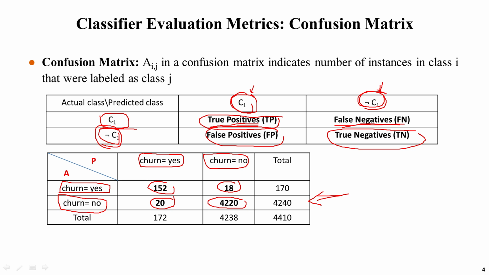The total row shows the number of yes, the number of no as predicted, and also the total of yes and the number of no as the actual.